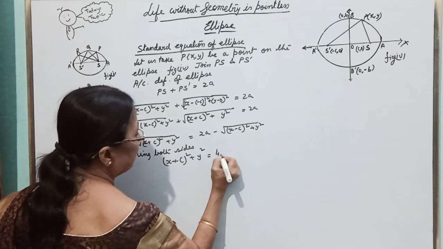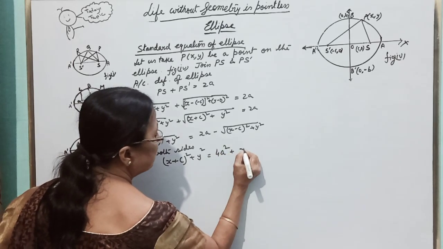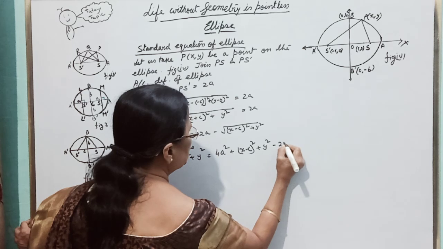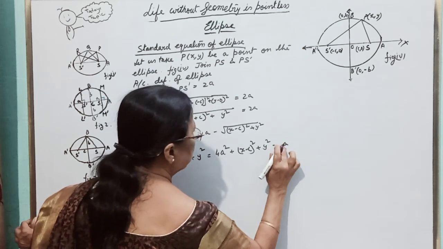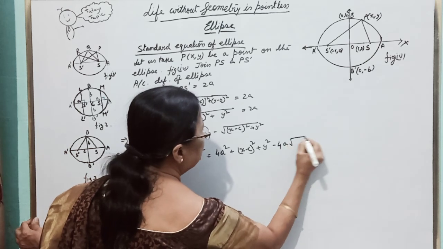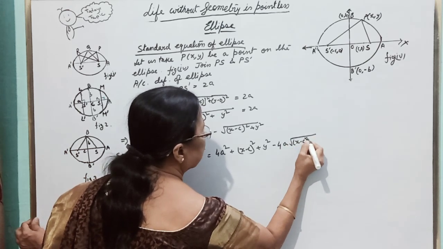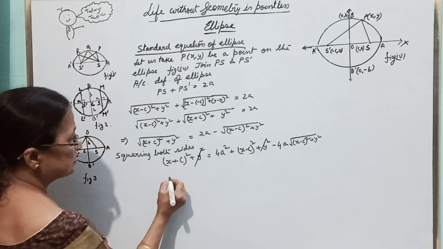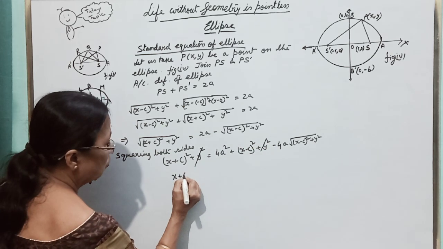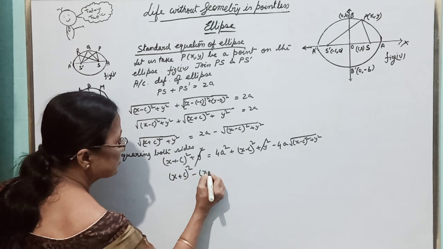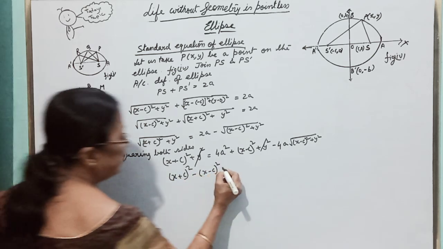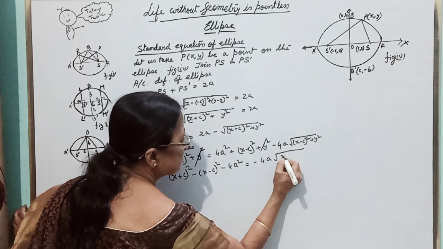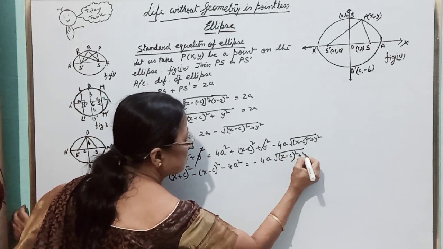And this is 4a square plus x minus c whole square plus y square minus 2a into 2, that is 4. I am writing directly under root x minus c whole square plus y square. So this y square cancels, and this is x plus c whole square minus x minus c whole square minus 4a square is equal to minus 4a under root x minus c whole square plus y square.